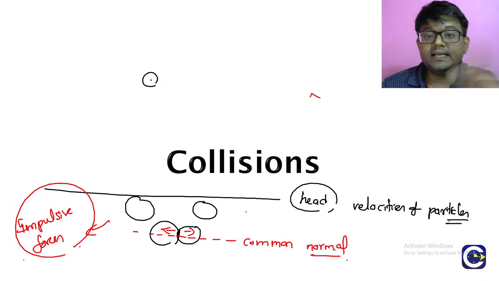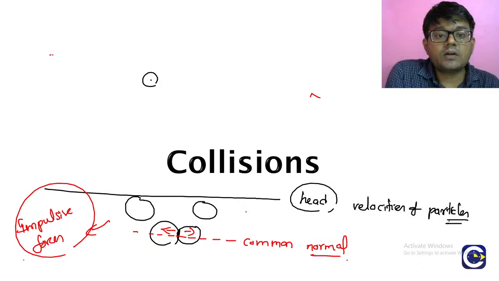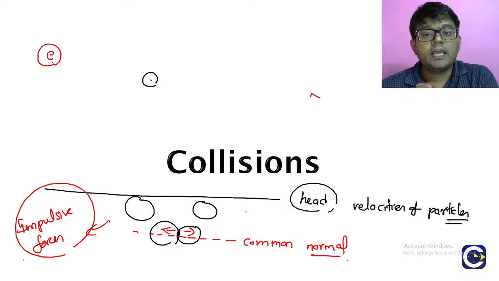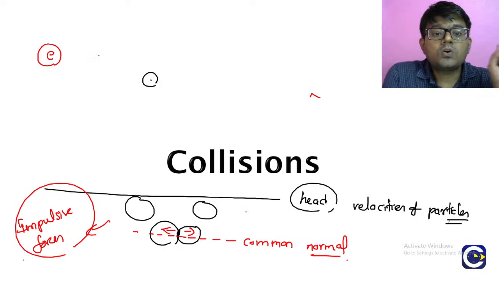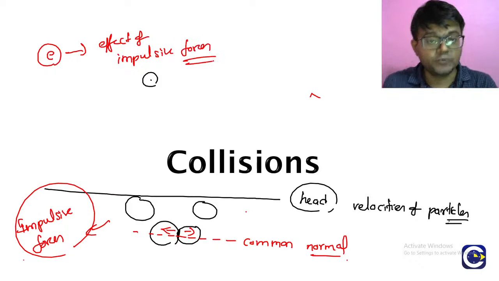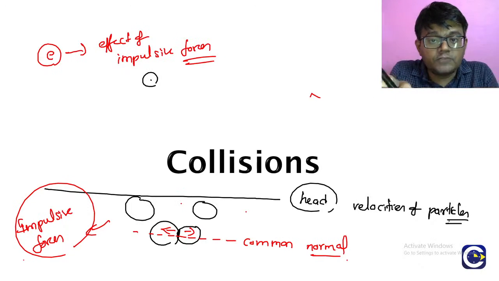That is the reason why, remember, when we talked about the coefficient of restitution, we said it is more meaningful in the case of head-on collision. Because the coefficient of restitution is a measure of the effect of impulsive forces, and the impulsive forces act along the same line as the velocities.